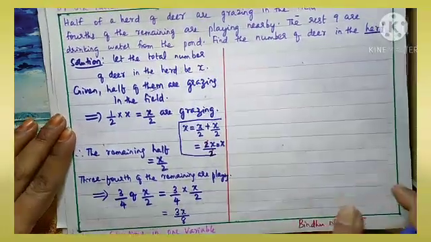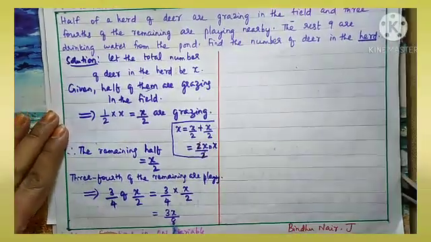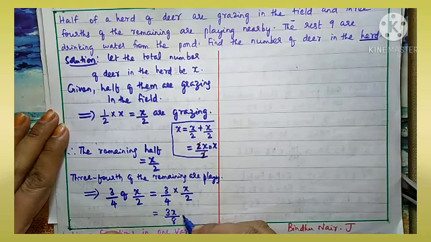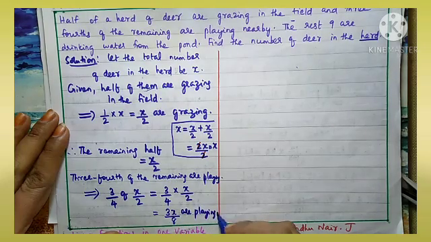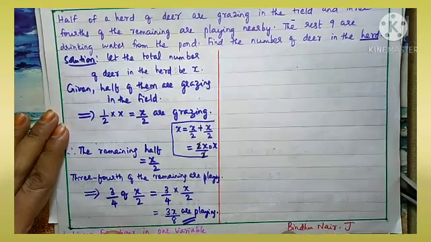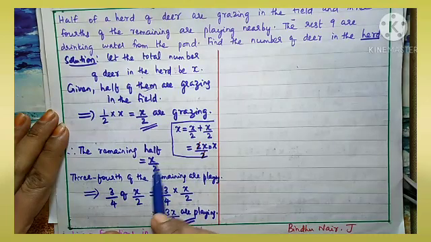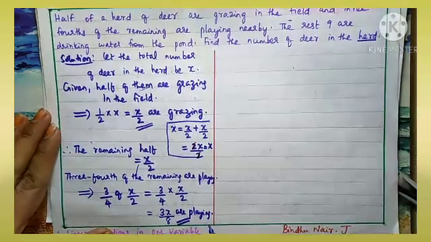Understood? So 3/4 of the remaining are playing, so 3x by 8 are playing. So first half, x by 2, are grazing and second half, 3/4 of them are playing.